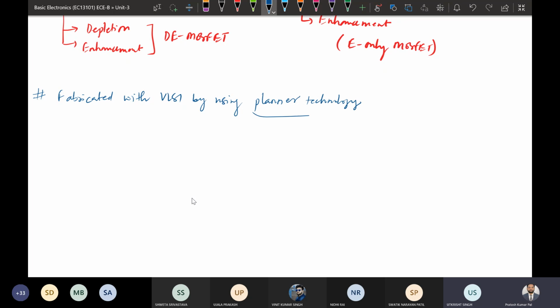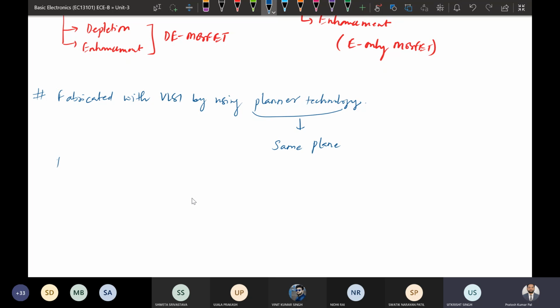So what is the meaning of planar technology? This planar technology is the technology where a single plane, the same plane, will be used for depositing different layers. That means the same plane will be used for fabricating that IC. That's why it is called planar technology.